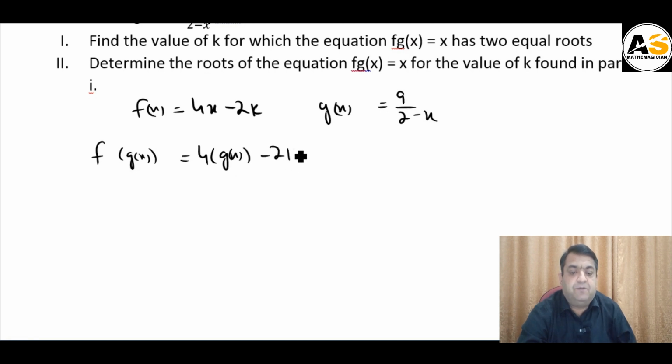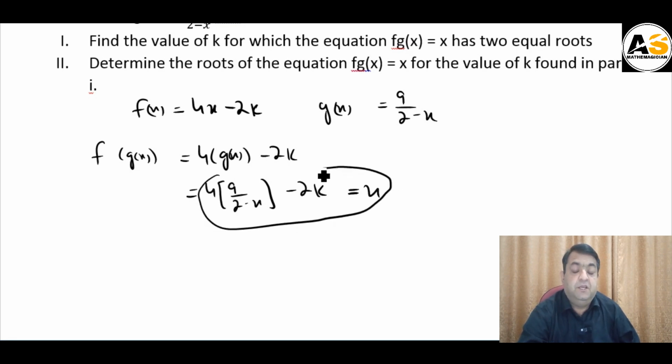In the second step, we put the value of g of x. Now we will simplify. This is equal to x, which will form the equation, and this equation has to have equal roots. 36 over 2 minus x minus 2k is equal to x.